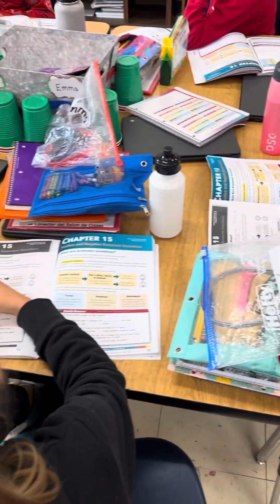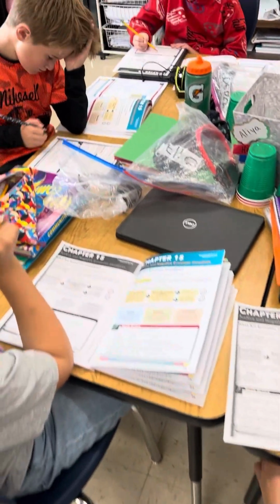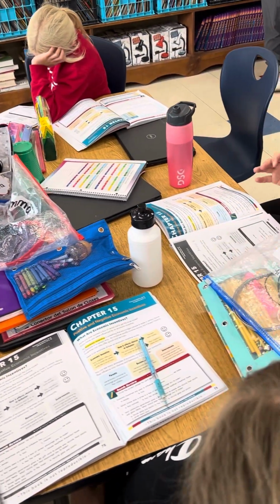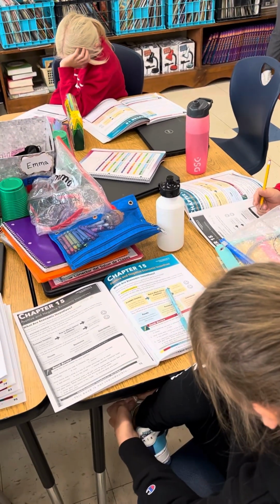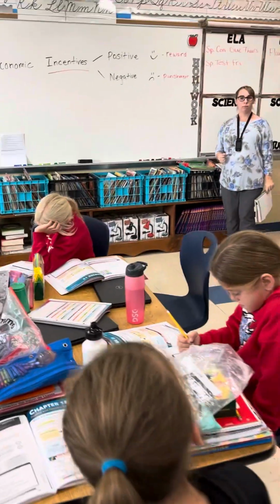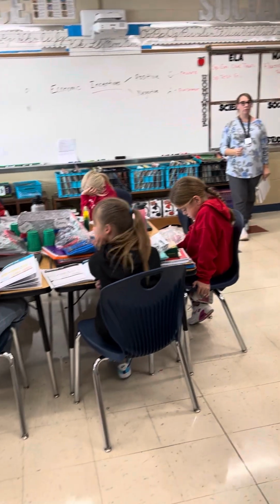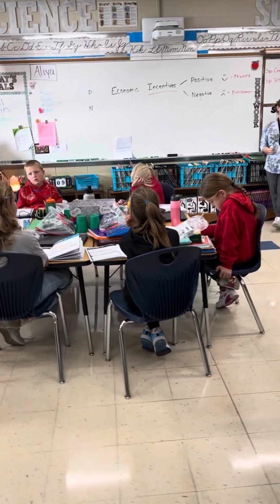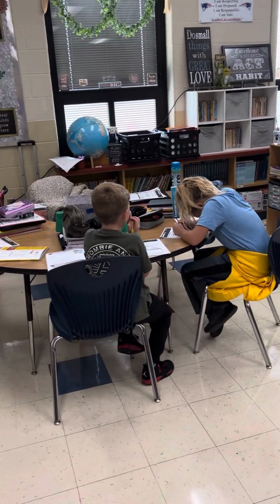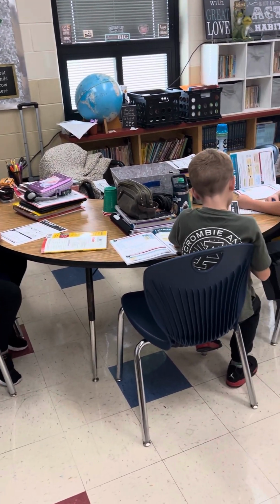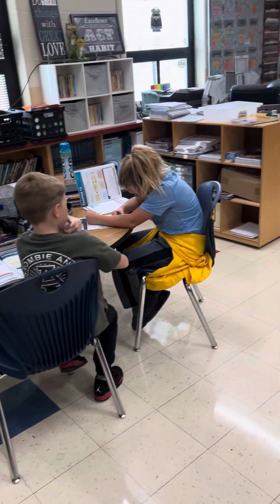Economic incentives are used to influence the: A, money, B, toys, or C, choices that we make. Do they influence the money, the toys, or the choices that we make? Number 2, what choice does a prize in a box of cereal encourage you to make?